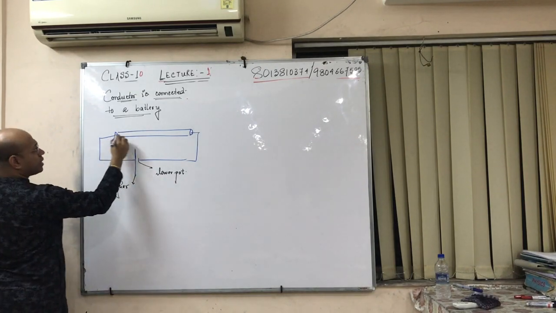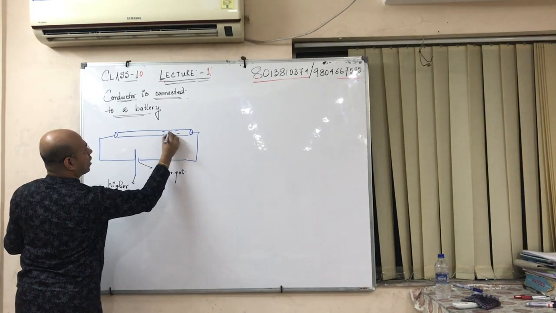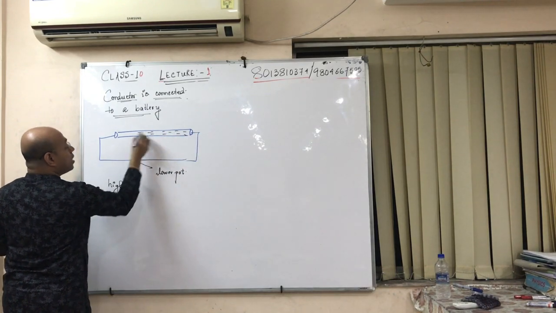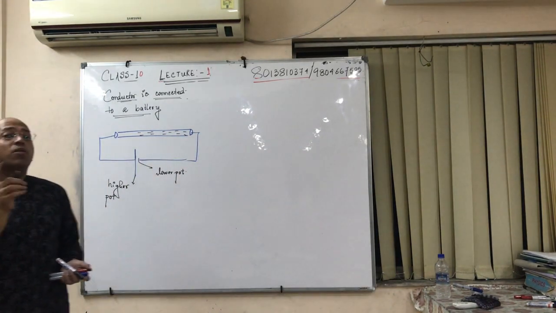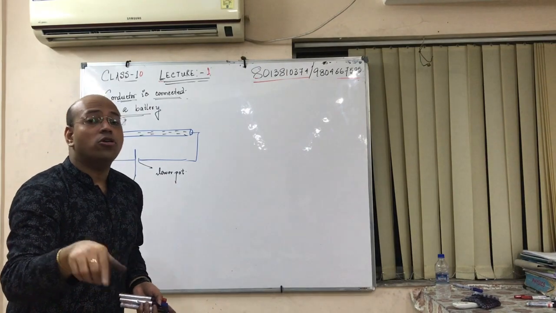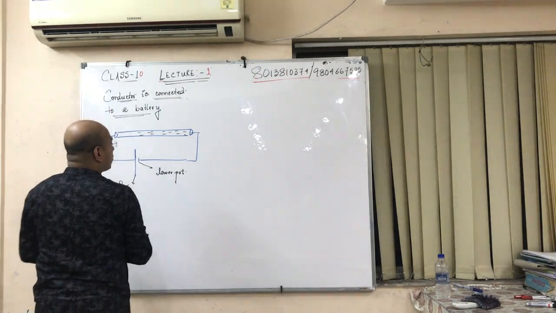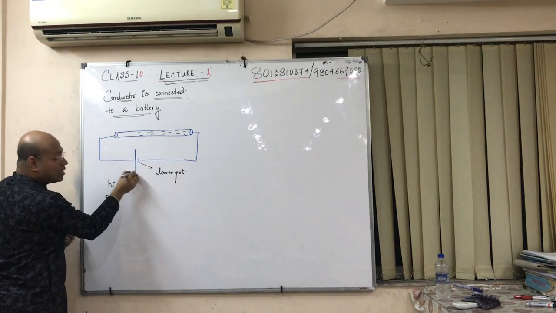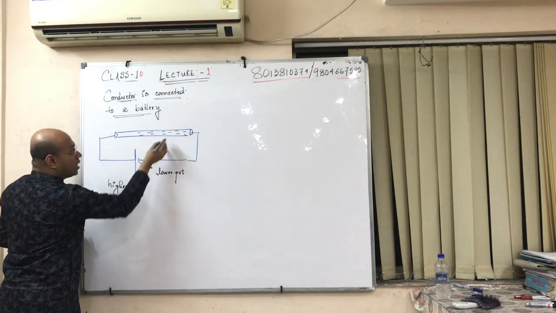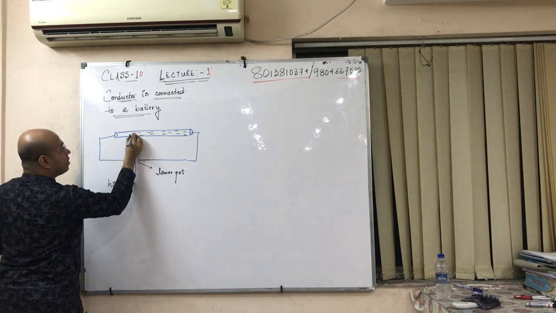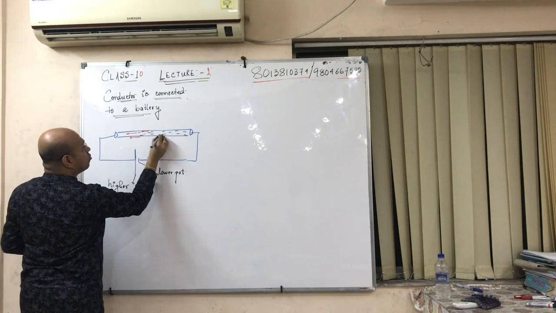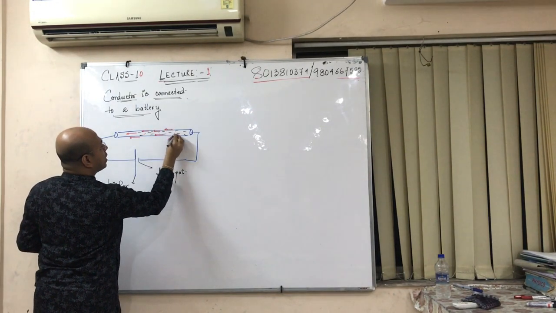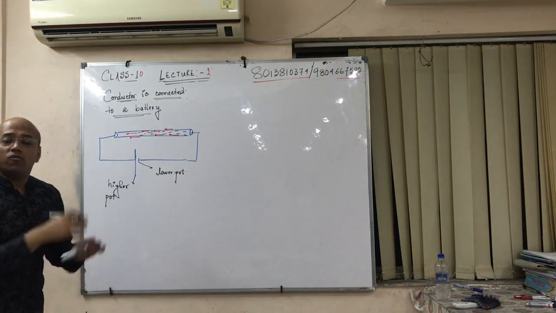Now, electrons which were over here, electrons will move from where to where? Electrons will move from lower potential to higher potential. So they will try to come to this thing, not this thing. So they will all try to move in this way, but they can't move like this way.